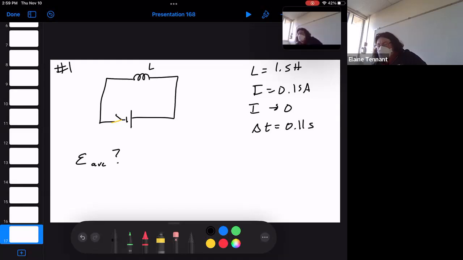Does it matter? We did some problem earlier where it didn't matter whether we took the average EMF or not. And it didn't matter then because the magnetic field was changing at a constant rate. Do you think it is going to matter here whether we take an average or an instantaneous value?